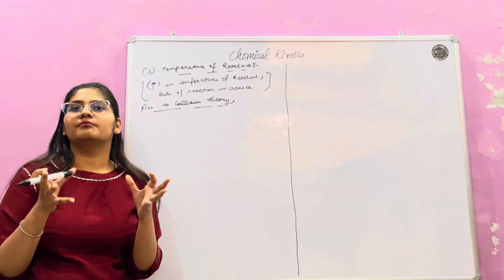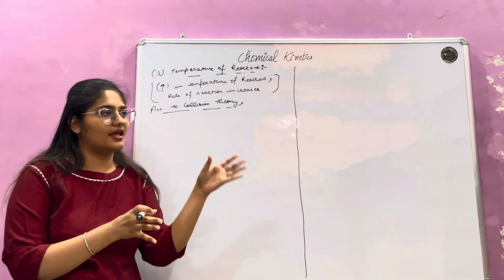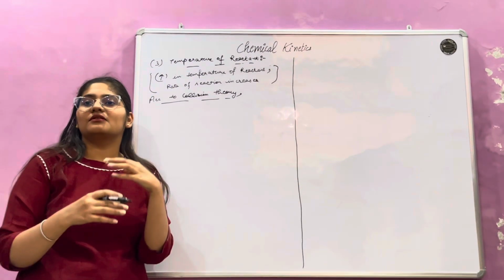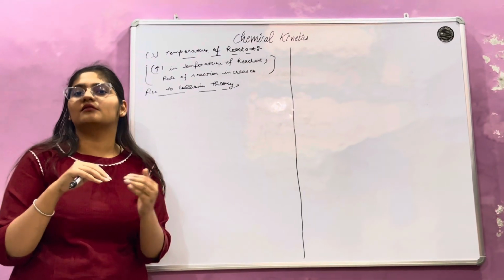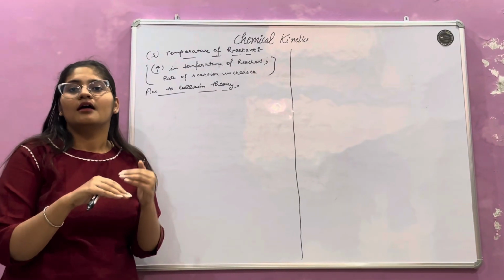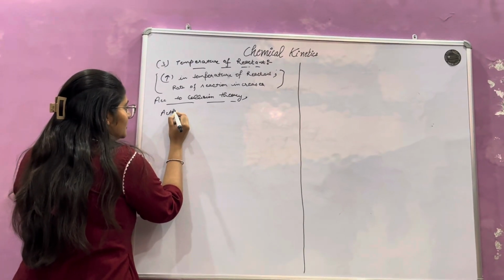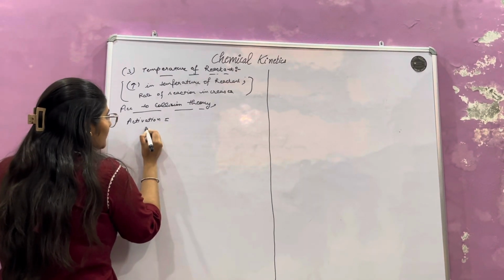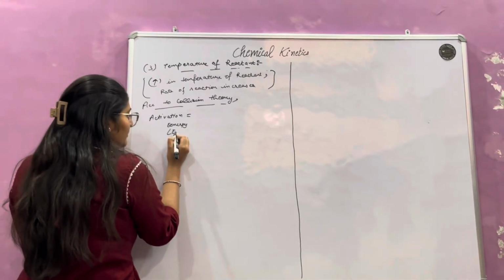The minimum amount of energy that reactant molecules should have, that is threshold energy. And the energy that we have to supply so that our collisions become effective, that is termed as activation energy. Then how can we calculate the activation energy? Activation energy is represented by EA.